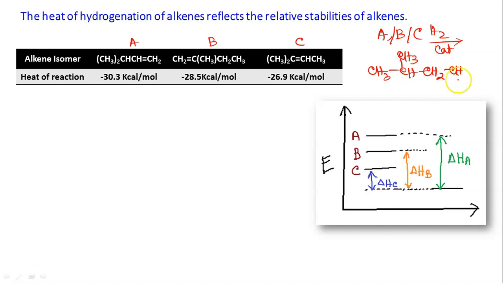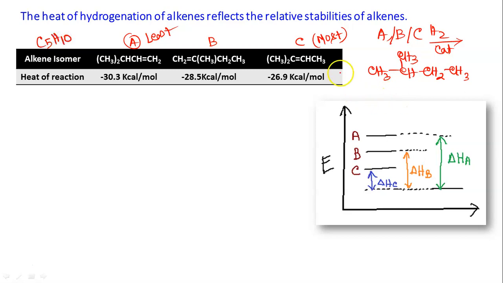So whatever molecule you have taken, it doesn't matter, there will always be the same hydrogenated product. A is the least substituted, and C is the most substituted. All are alkene isomers of C5H10.